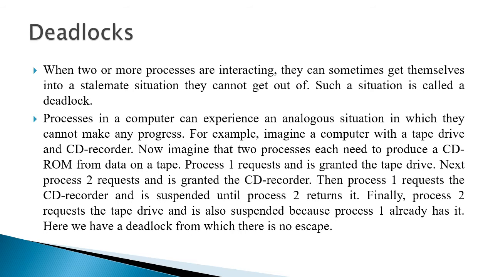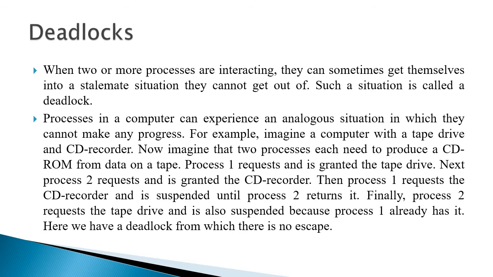Let me just go through the example again. Imagine a computer with a tape drive and a CD recorder. So we've got two things involved in this example. Let's say two processes each need to produce a CD-ROM from the data on the tape.